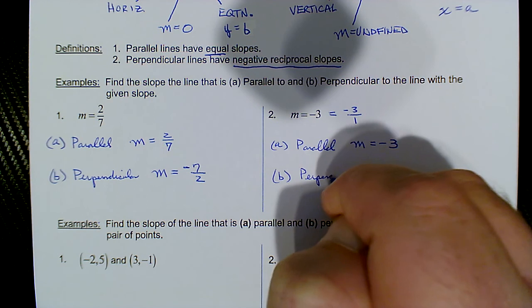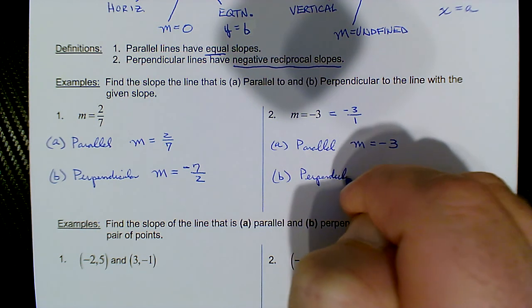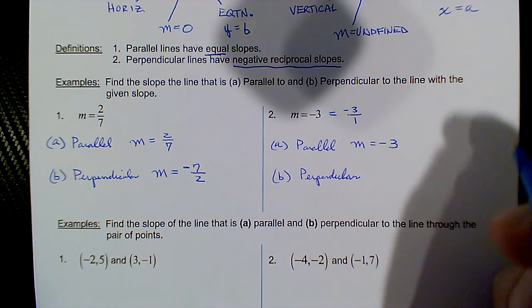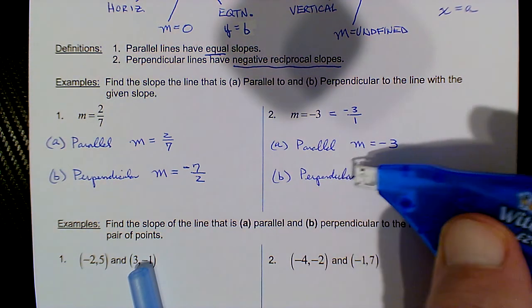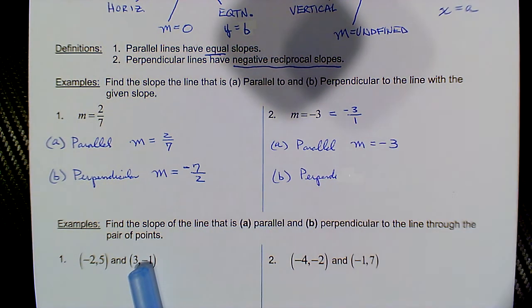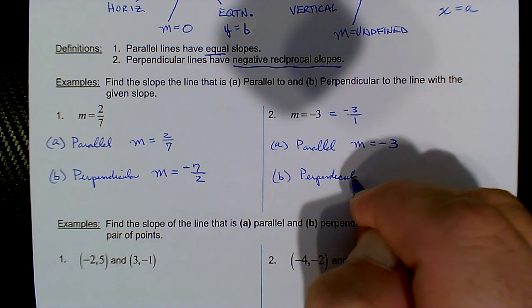Plug it in: y2 is -1 minus y1, which is 5, over x2, which is 3, minus x1, which is -2. So it looks like we get -6 over 5.